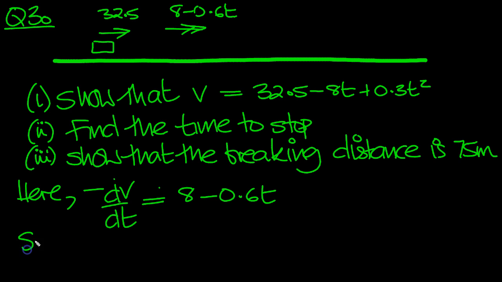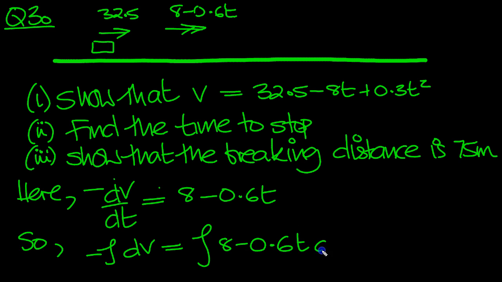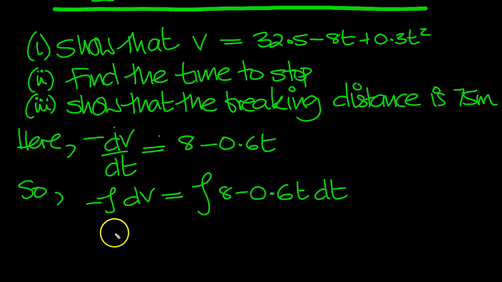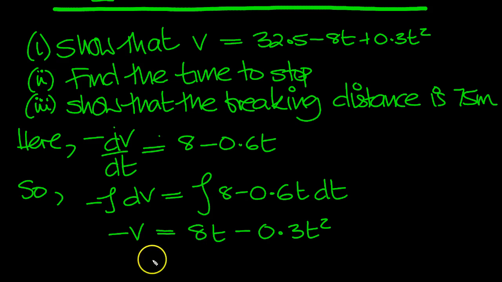Separating the variables and integrating, it's minus dv equals 8 minus 0.6t times dt. So minus v is equal to, integrating with respect to t, 8t minus 0.6t squared over 2, so that'll be 0.3t squared, because the 2 will cancel. Plus a constant of integration.